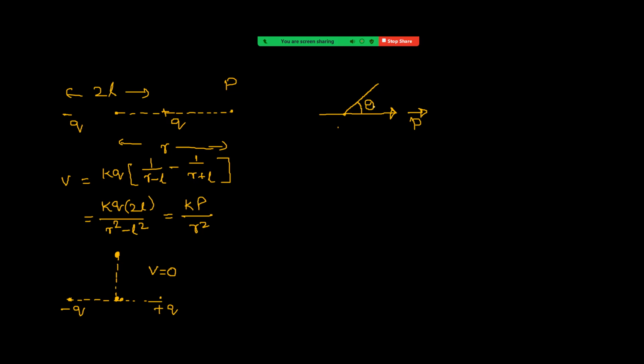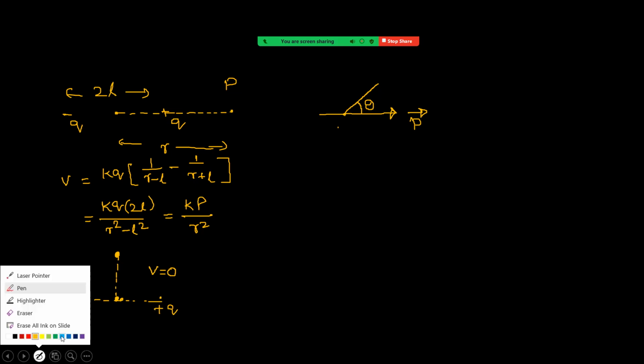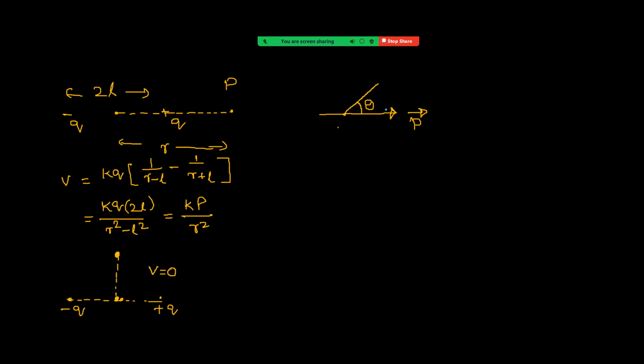Now what I'm doing here, let us take two components for p. One is along that line, that is p cos theta. The other one is normal to that line, that is p sin theta.